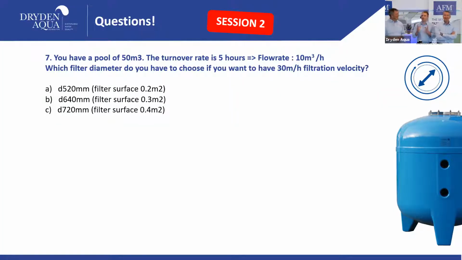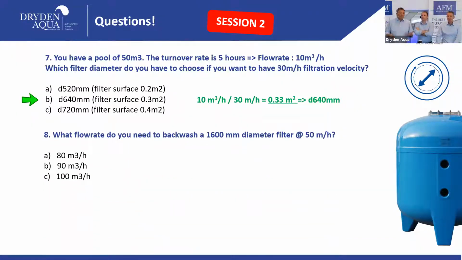Flow rate 10 cubic meters per hour. Okay, the Oscar goes to B. And here you see the calculation. You take your flow rate, you divide it by your velocity, and you get your filter surface. That should be in your manufacturer's data, or you calculate it.